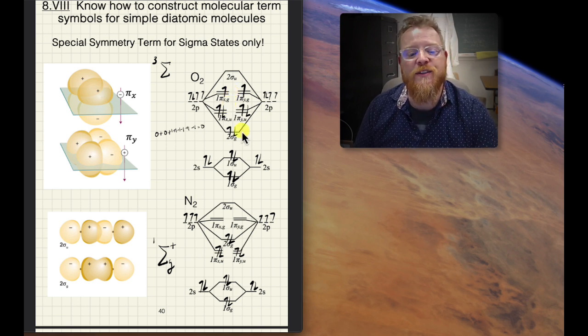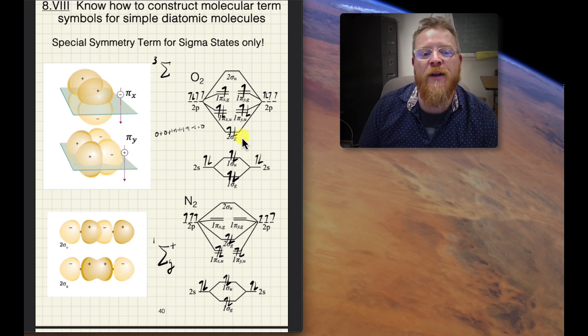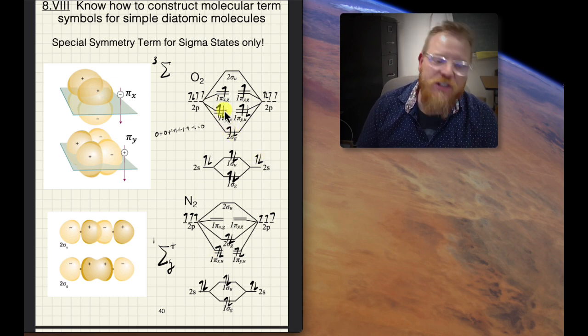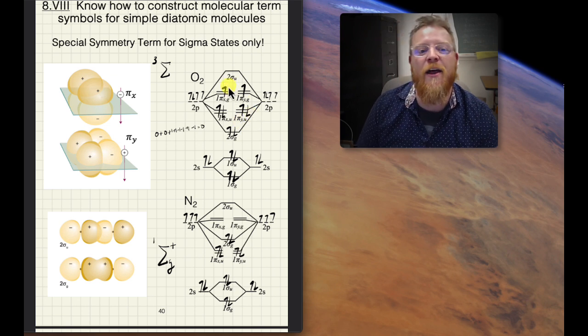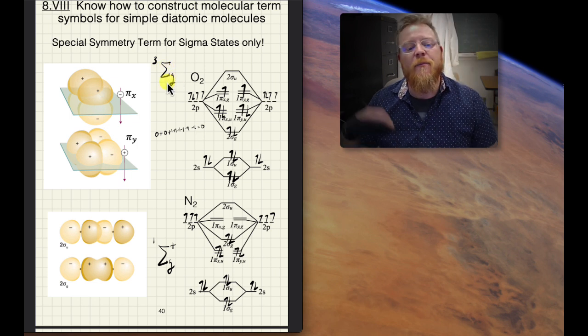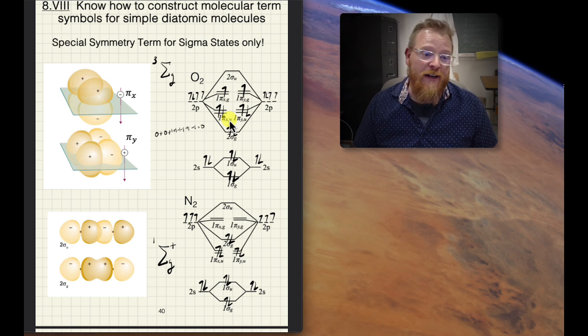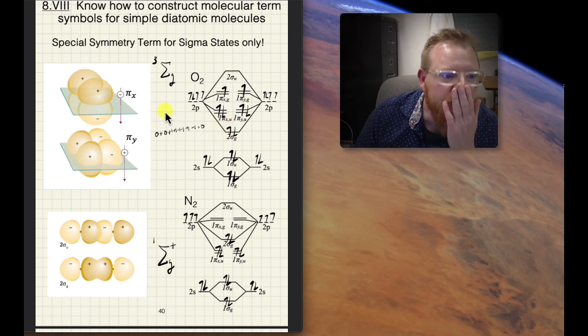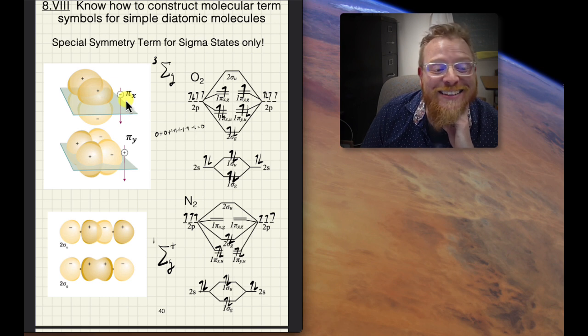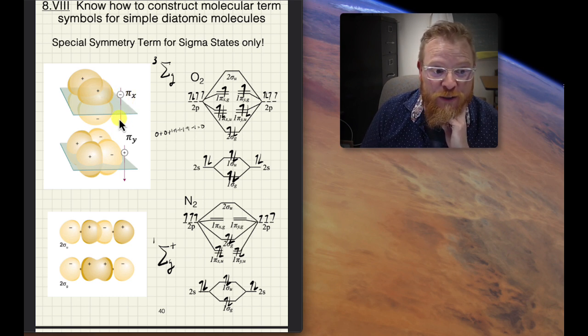If we were to go through the same argument of the parity, right, we'd have g times g gives me g, u times u gives me g, u times u gives me g, and another g times g to give g. So we would still have sigma g, but now we need to indicate the parity of this situation. And so if we look at this here in the pi x state, our sign changes as we cross that internuclear zone.